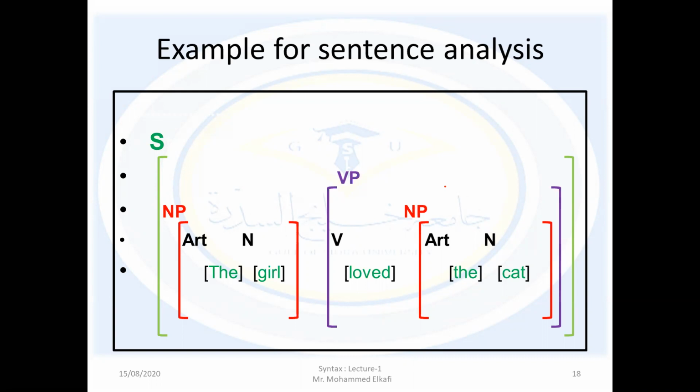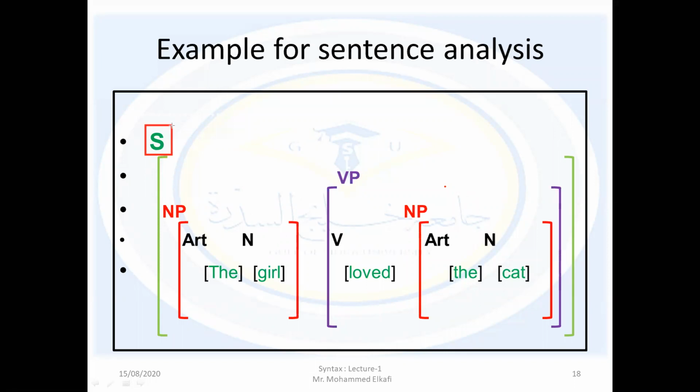So this point is very important, and I think it's very important even to think of the components. Which one of them is the largest? The sentence is the largest component.